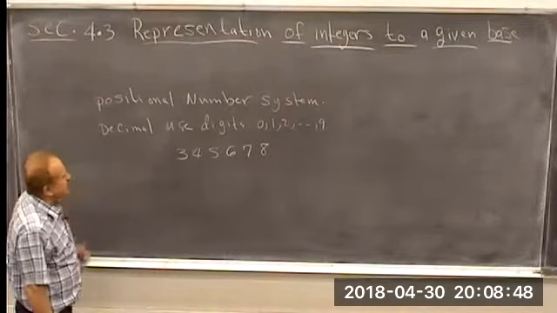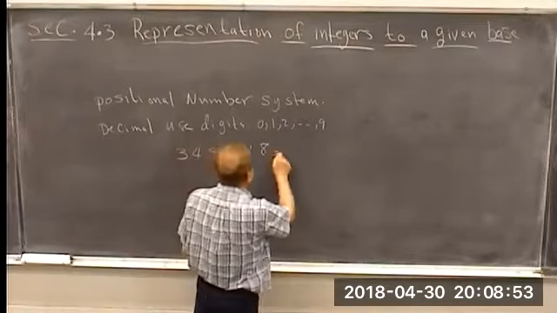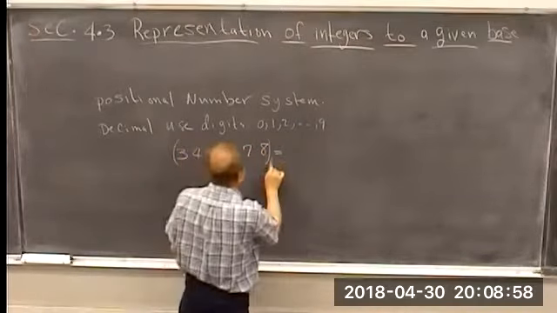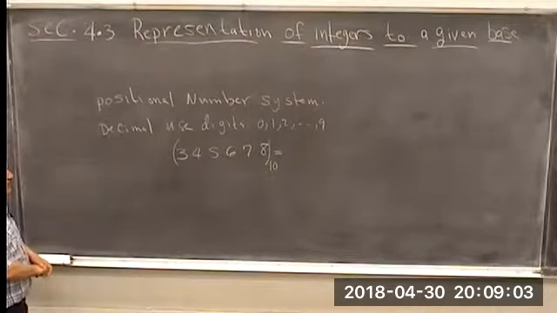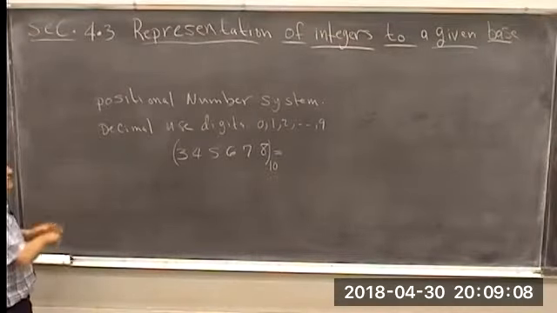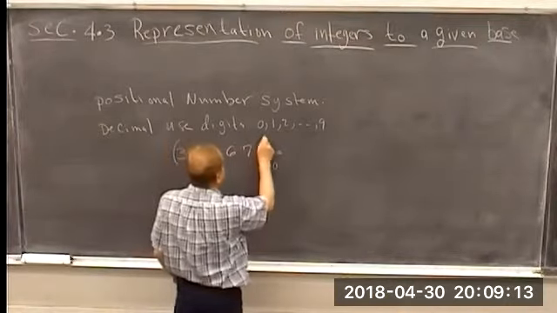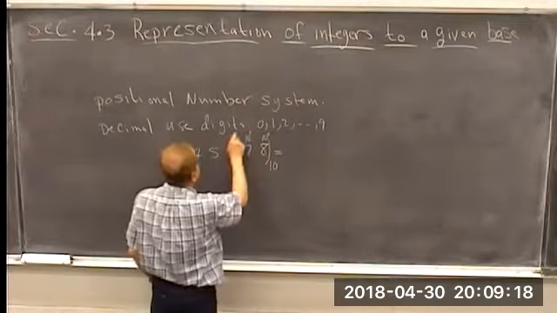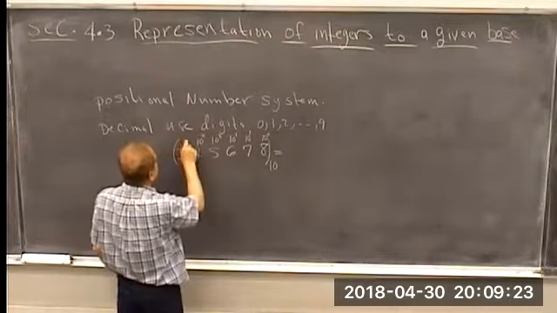Before we get farther in this, from here on, we're going to be denoting numbers with a subscript 10, if there is any confusion about which base we are using. So this one is 10 to the power 0, then 10 to the power 1, 10 squared, 10 to the third, 10 to the fourth, and 10 to the fifth.